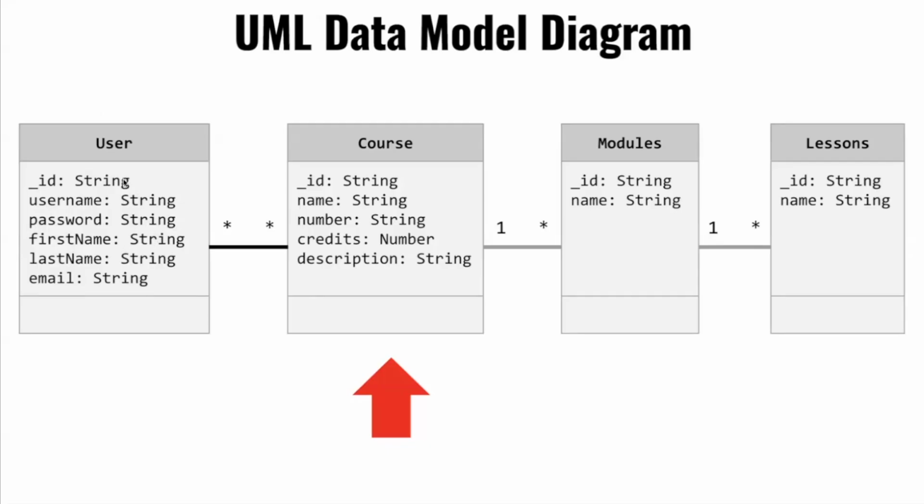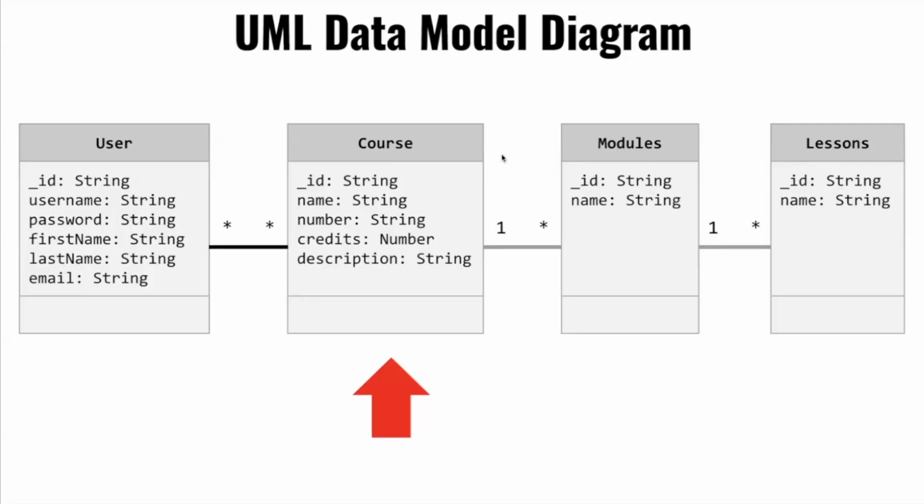And that user that we created is just the beginning. There are quite a few other data structures that we need to consider, such as courses, modules, and lessons. And this is basically the data design, the data model for the various data sets that we're working with, where we're working with courses, modules, and lessons.